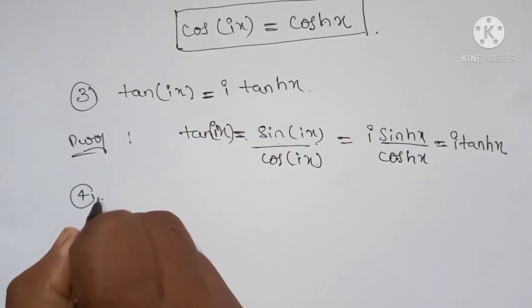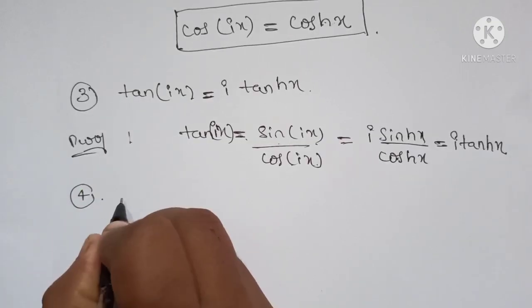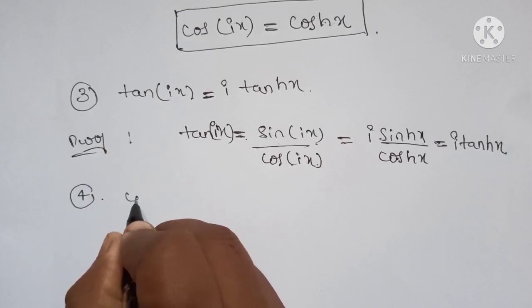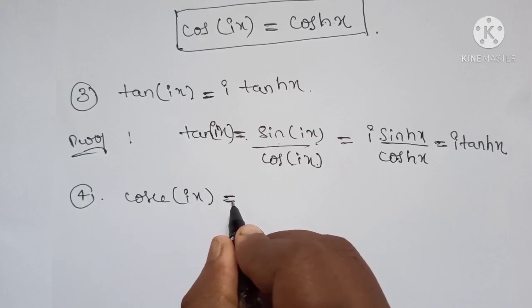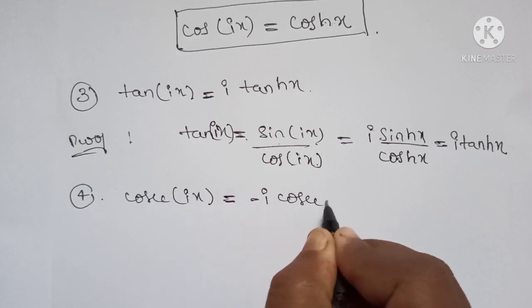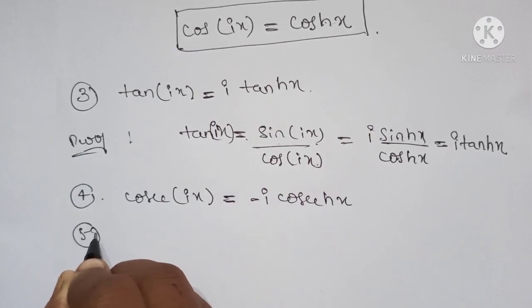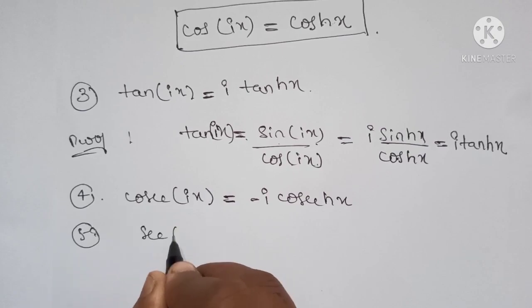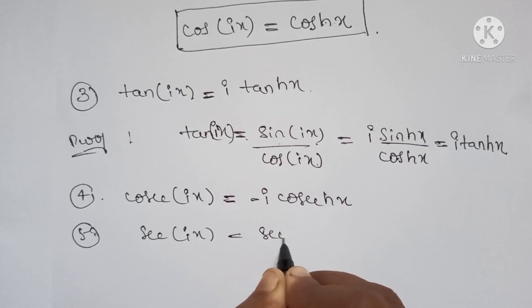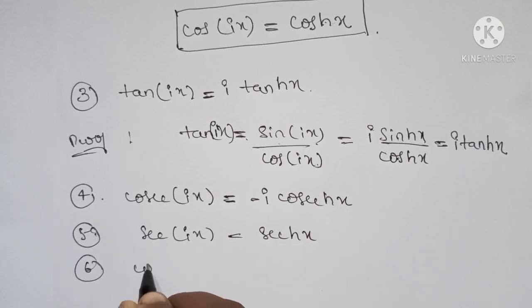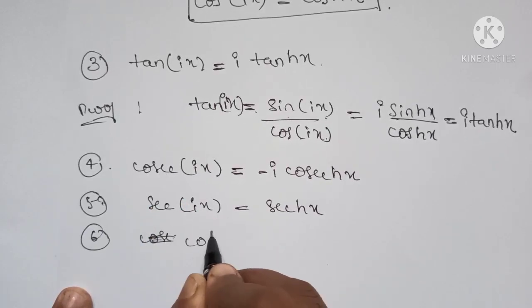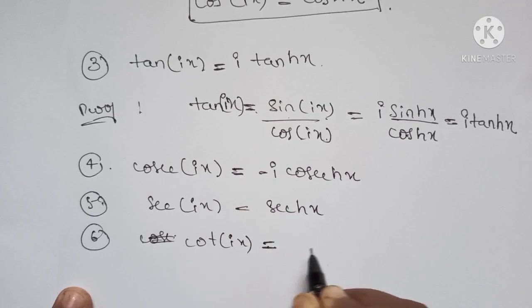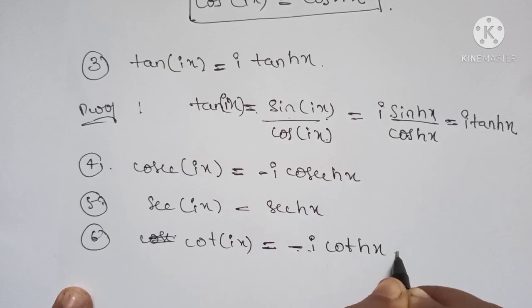Like this you can prove the next relations: cosec of ix is equal to minus i cosec hx, and the fifth one, sec of ix is equal to sec hx, and cot of ix is equal to minus i cot hx.